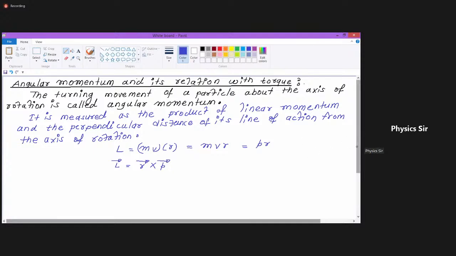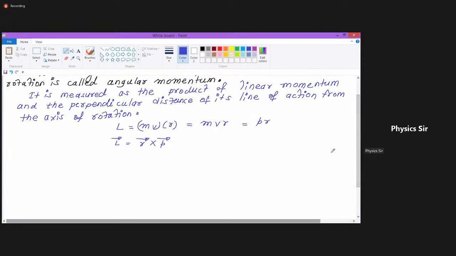Okay, now let's look at the second part. What is its relation with the torque? As I know, vector L is equal to vector r cross vector p. Let me call this equation number 1. I can differentiate this with respect to time.